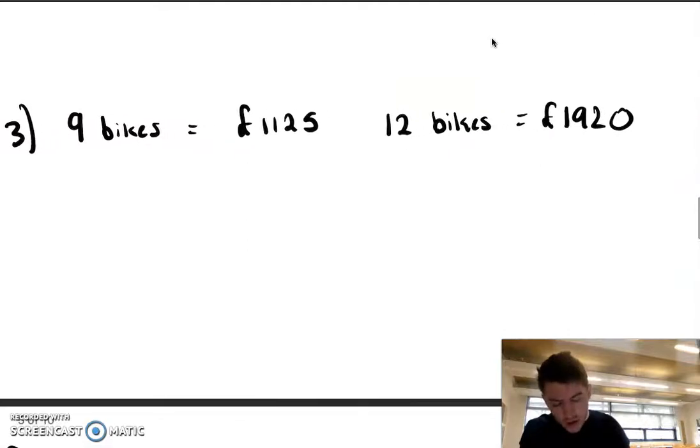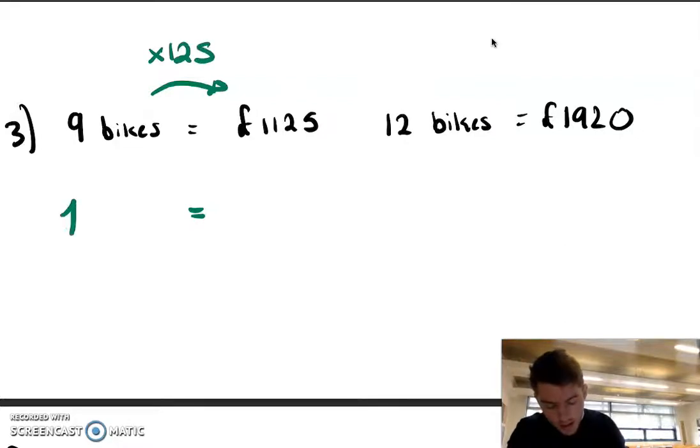One last example. 9 bikes from a bike shop cost £1,125. So what are we doing? What's the multiplier? Well, 1,125 divided by 9 is a multiplier of 125, meaning one bike equals £125.